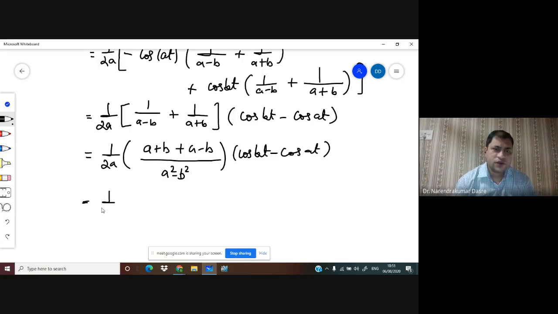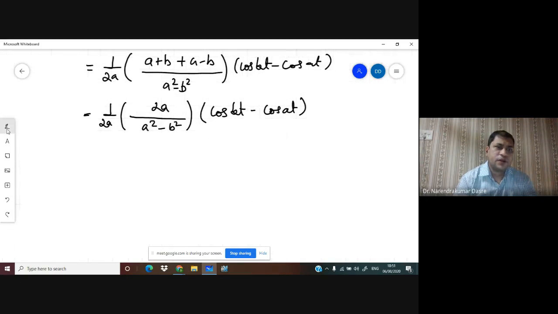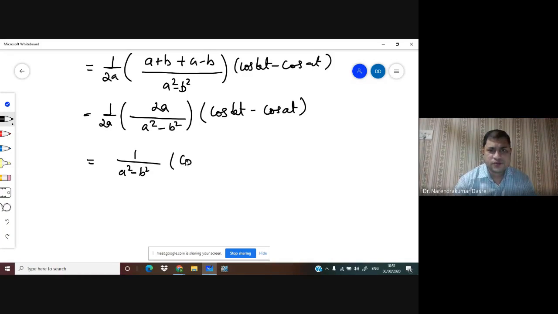So this is equal to 1 by 2a, and we get here 2a upon a square minus b square. This term is as it is, cos of bt minus cos of at. Now this 2a will get cancelled, so we get 1 upon a square minus b square into cos of bt minus cos of at.